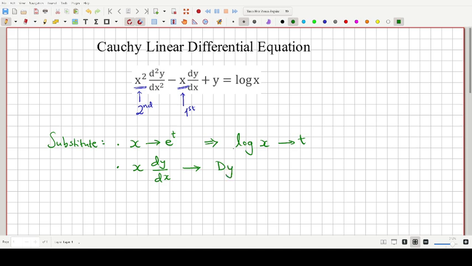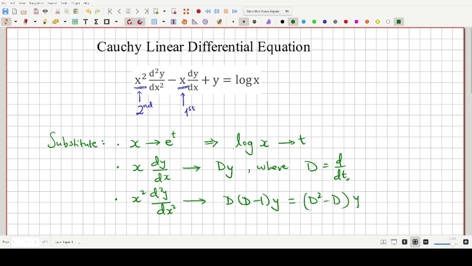So this capital D here is the differential operator d by dt. Now the independent variable has been converted to t, and whenever we find x square d square y by dx square, we substitute that by D times (D minus 1) of y, or it is the same as (D square minus D) times y.